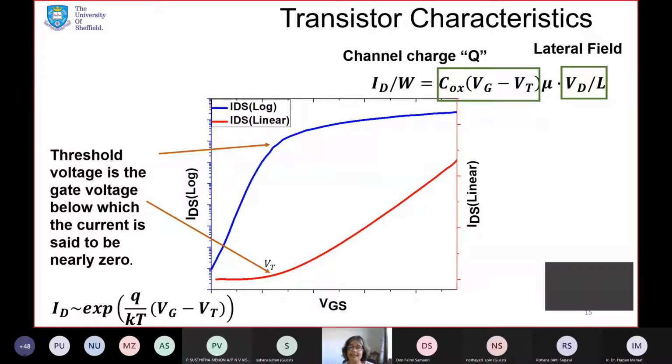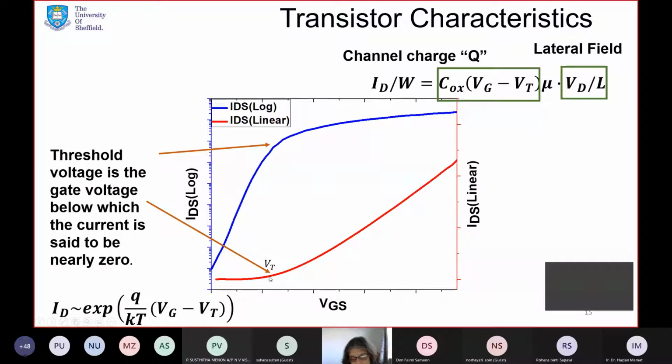Now let's look at the transistor characteristics. As a switch, what does the current from the source to the drain look like versus the applied gate voltage? If you look at it on a linear scale, that's this figure in red, below a certain voltage, that is before the inversion layer is formed, there's very little current that flows through the device.